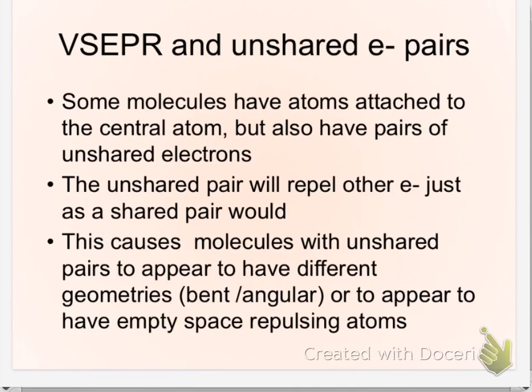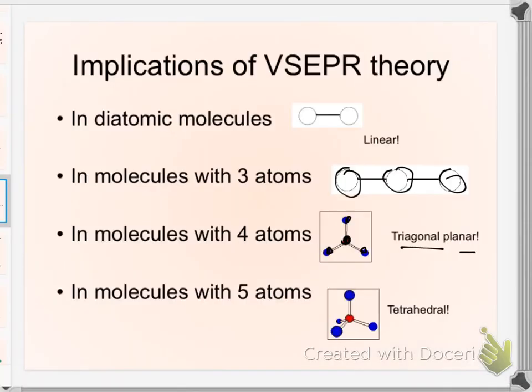Those behave just like there was another atom attached there. So these things push the hydrogen nuclei, which also have electron cloud around them, they push that valence shell on the hydrogen down. So you look at this and you've got 3 atoms. Shouldn't it be linear? No.